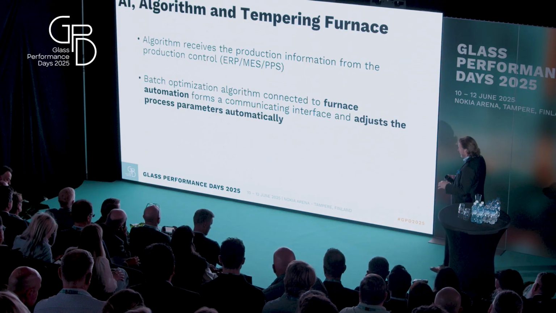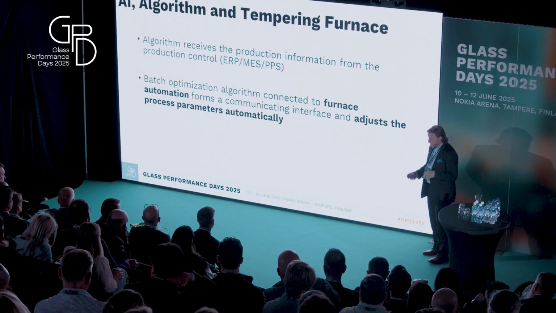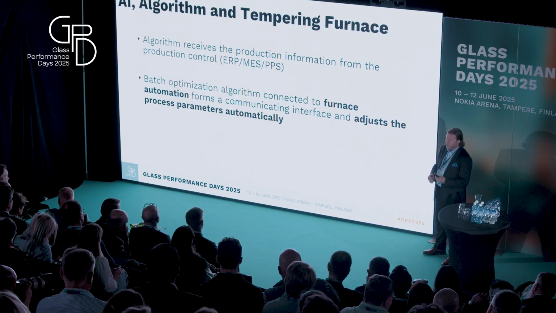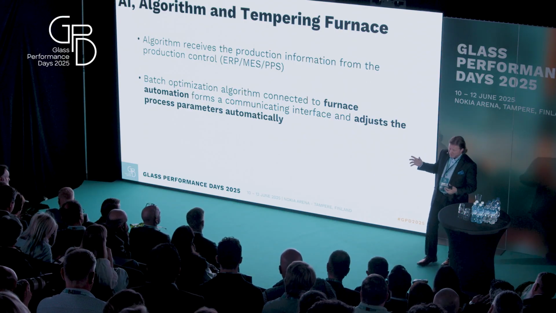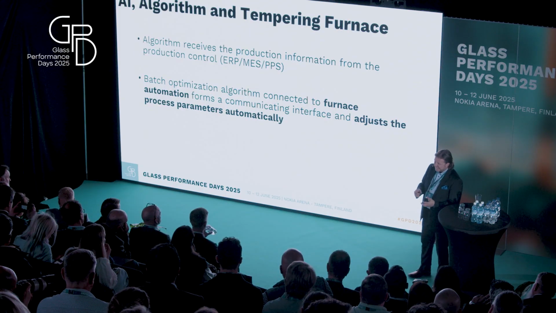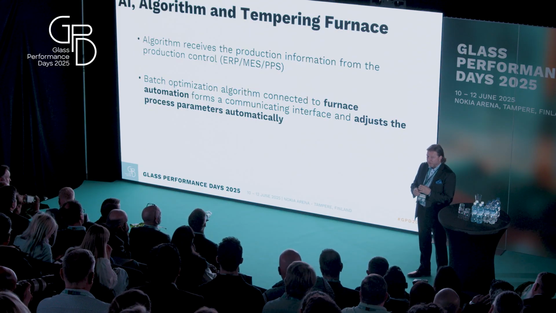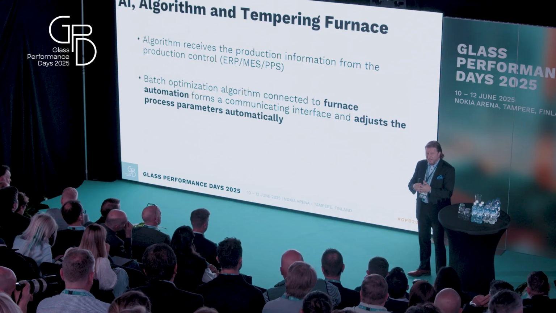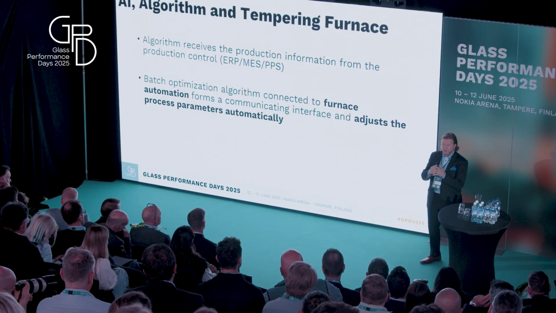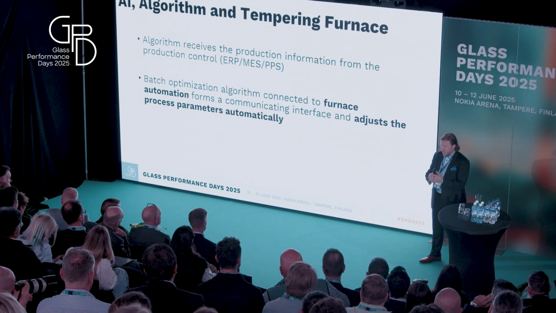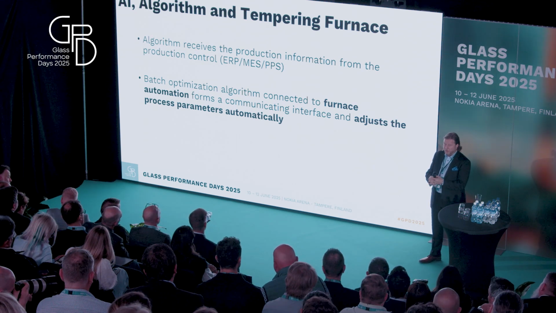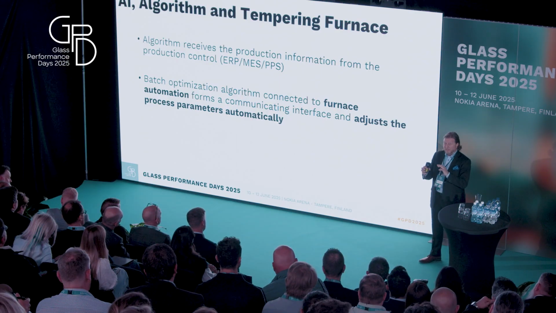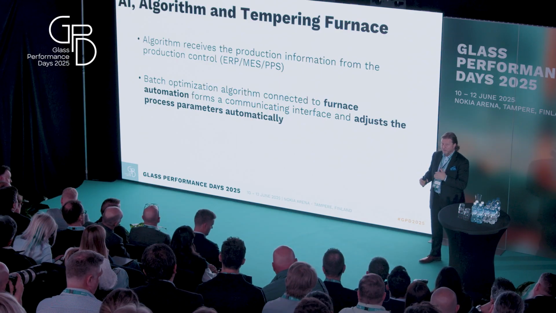And then, as simple as it is, it's a couple of words here, but as said, it's quite many lines of code. But the essence of the whole is that the algorithm is connected to the furnace automation, and this communication interface adjusts the process parameters automatically. So the system needs to know what type of furnace, what type of production, what kind of conditions, and this is adjusted automatically and on the run.